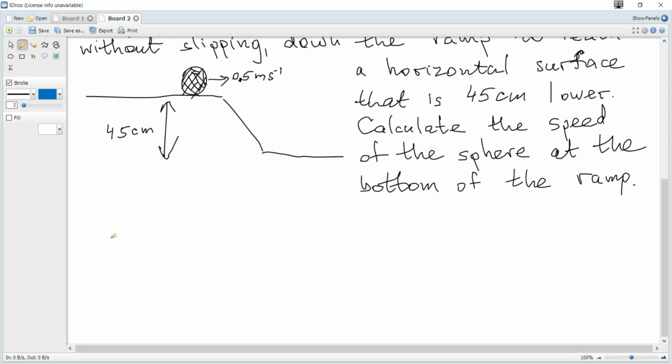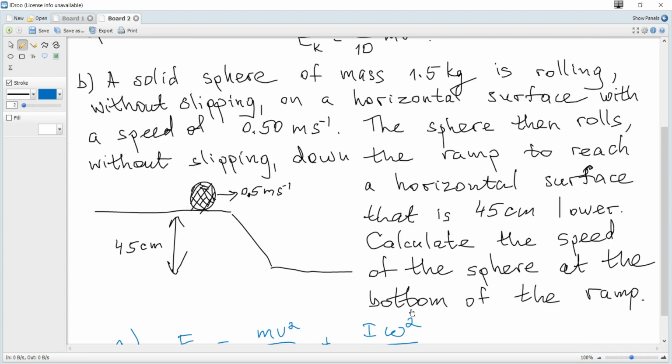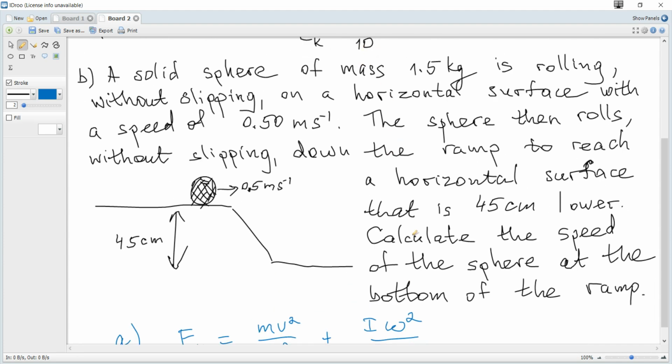It's our usual kinetic energy, mv squared over 2. But since it is rolling, there will be rotational kinetic energy, and the formula is given in the data booklet: I, the moment of inertia, times angular speed squared over 2.